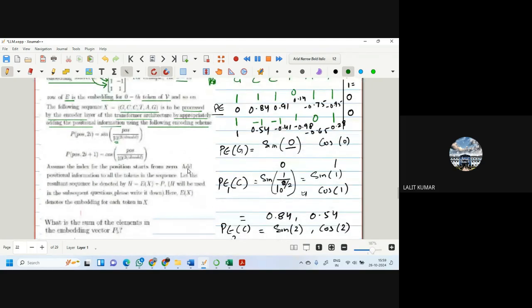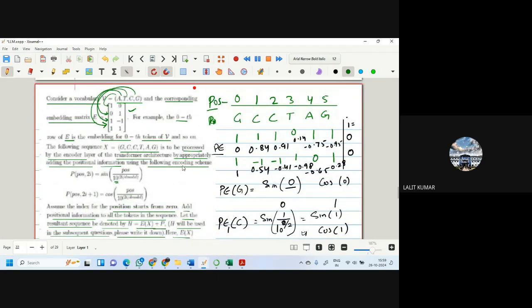Assume that the index for the position starts from 0. Add positional information to all the tokens in the sequence. Let the resultant sequence be denoted by H equal to E of X plus P. H will be used in the subsequent questions. Please write it down. Here E of X denotes the embedding matrix for each token in X. So how do we go about it?